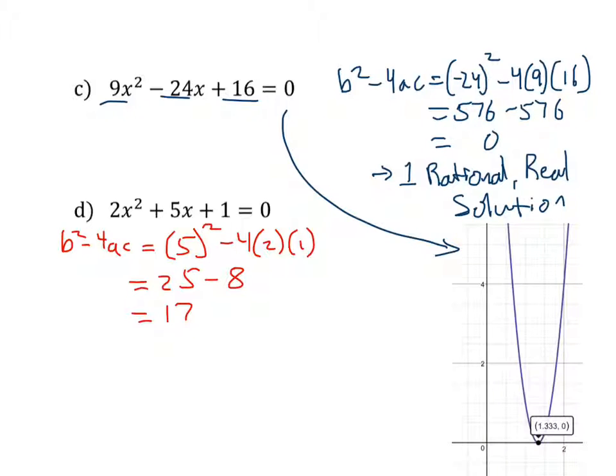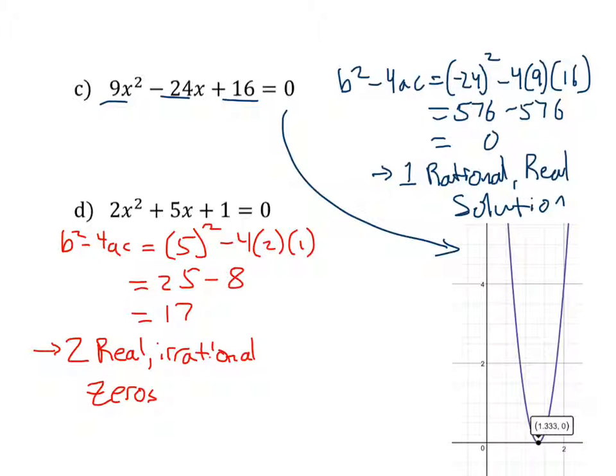So we're going to end up with two solutions, two real but irrational solutions. They're real, but they're going to be irrational because when you plug that 17 in to the radical in the quadratic formula, you'll get a square root of 17. Can't figure that out, right?